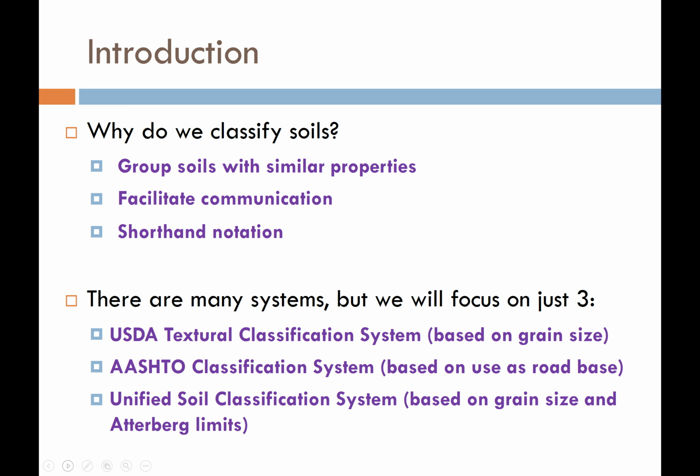The third and the most widely used system is called the Unified Soil Classification System, and this is the one that was developed by geotechnical engineers for geotechnical engineers, and it is based on both behavior and on composition. And so it's a useful and a comprehensive soil classification system that we're going to learn in depth and that we're going to apply for the most part in this class.